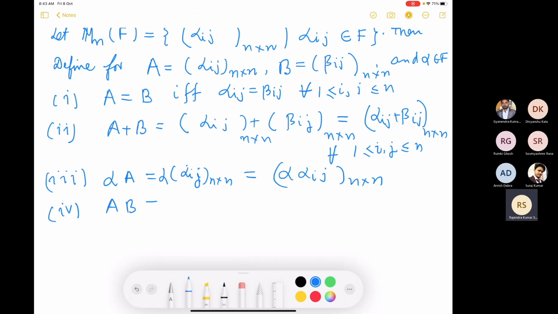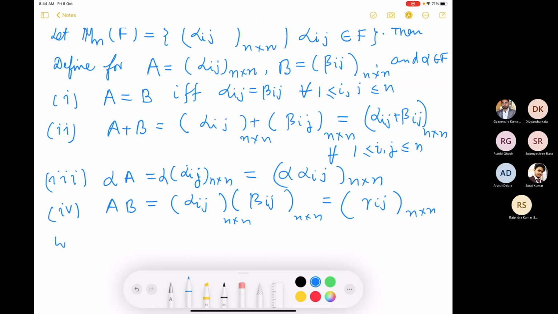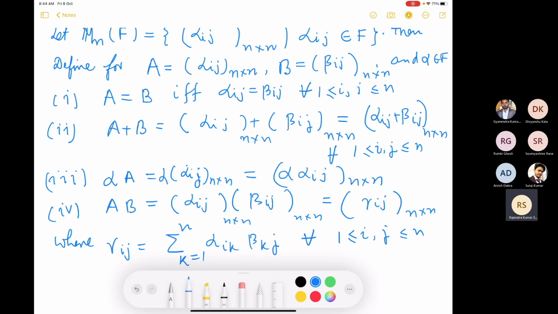The product AB is the matrix, product of these two matrices, n by n, say gamma ij, where the entry gamma ij is, as we have just now seen, the sum over k from 1 to n of alpha ik beta kj, again for every i and j, 1 to n.